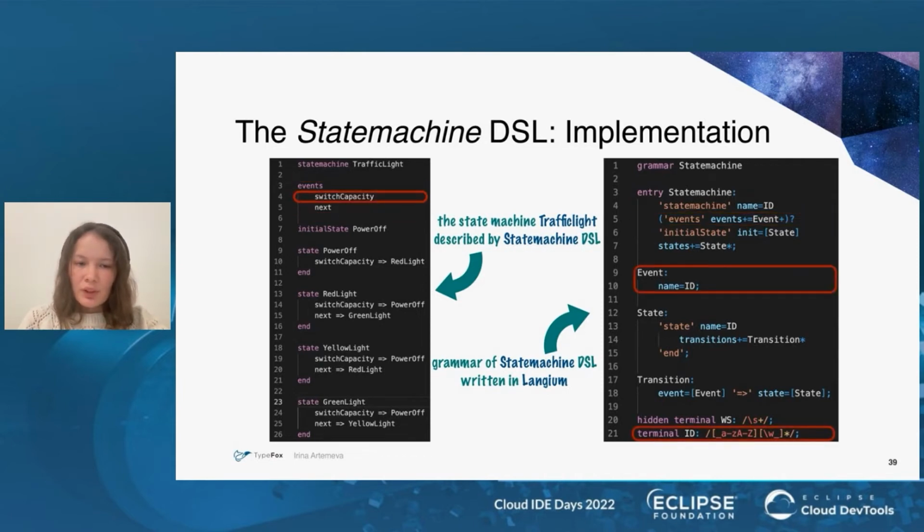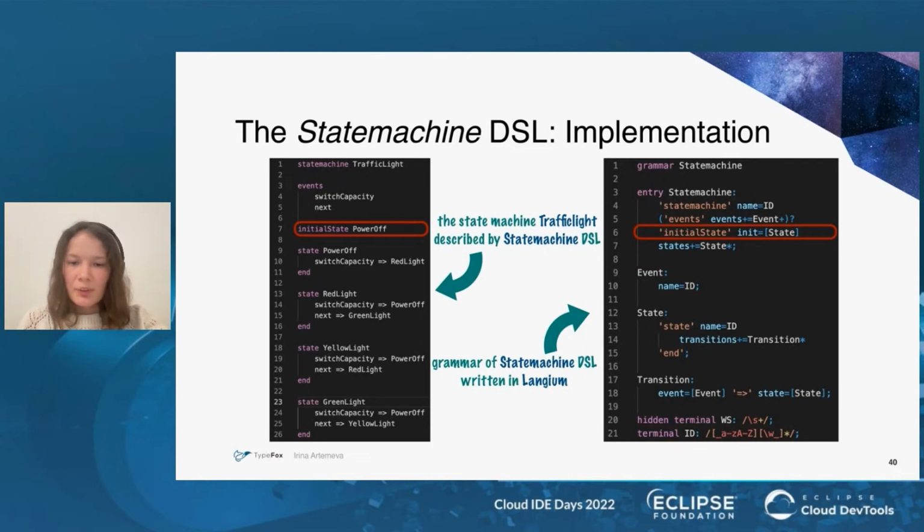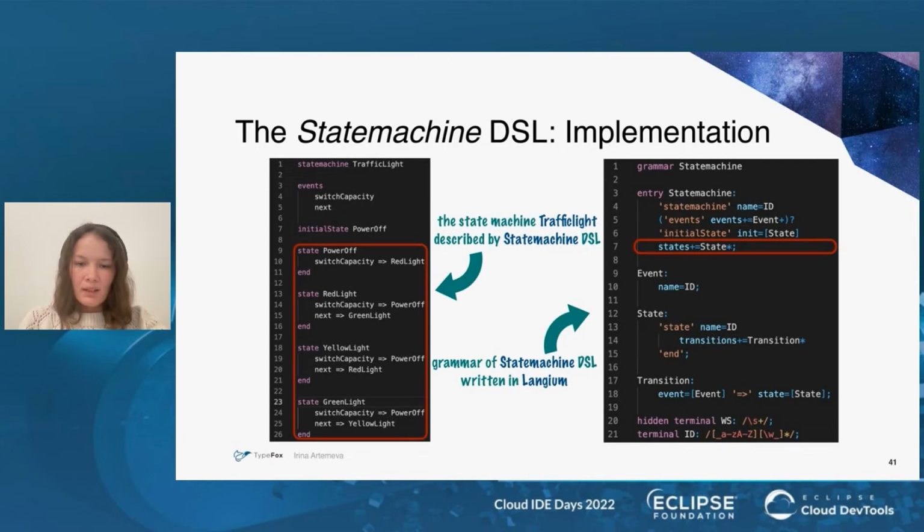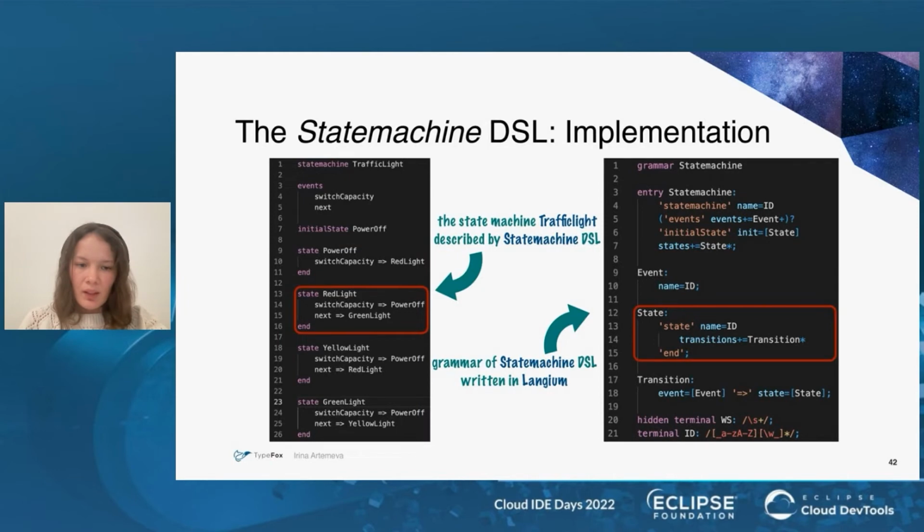In its turn, each event is described by a rule event. Then we have the initial state. It's described by the keyword initial state and also assignment init and rule call state. And finally, we have a list of states that is described by array assignment states and rule call state.